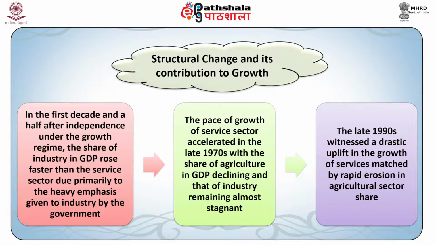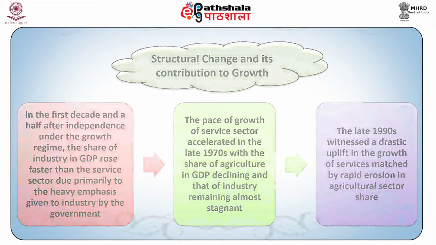The pace of growth of service sector accelerated in the late 1970s, with the share of agriculture in GDP declining and that of industry remaining almost stagnant. The late 1990s witnessed a drastic uplift in the growth of services, matched by rapid erosion in agriculture sector share. Industry, with great difficulty, managed to retain its share in GDP at almost the same level.